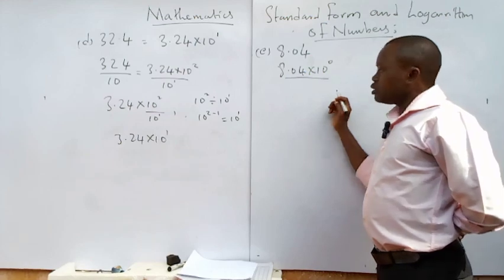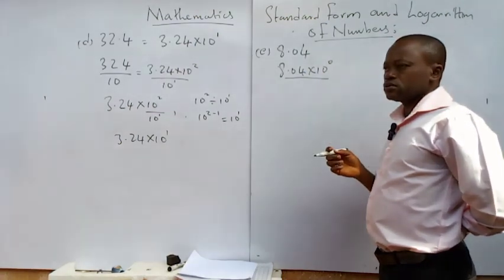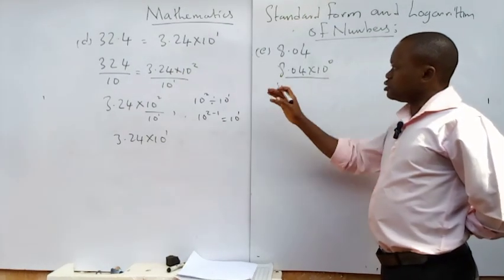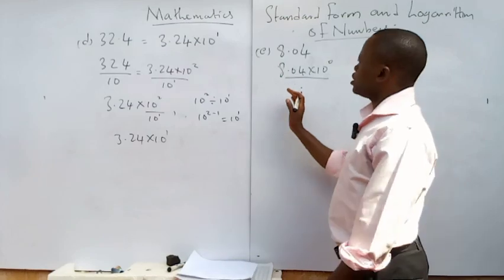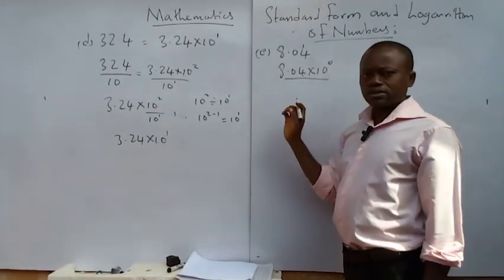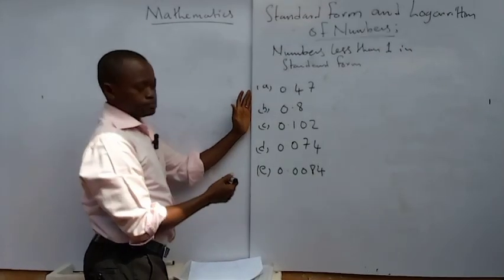All right, now what about when we have figures that are less than 1? Okay, I have taken enough of those that are greater than 1. Now let me consider a situation whereby we have numbers that are less than 1. Look at these values here.